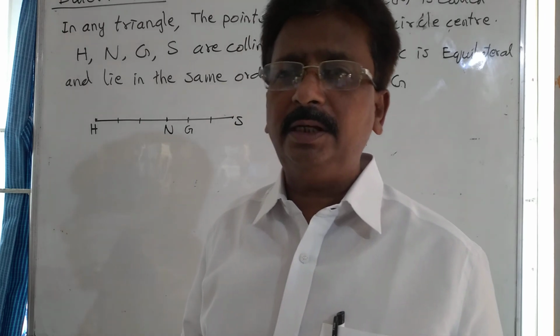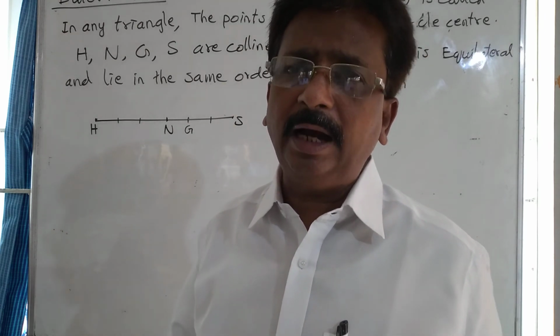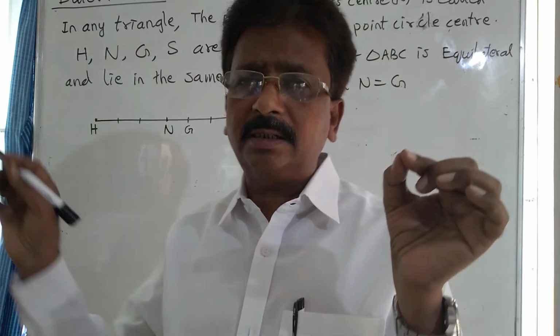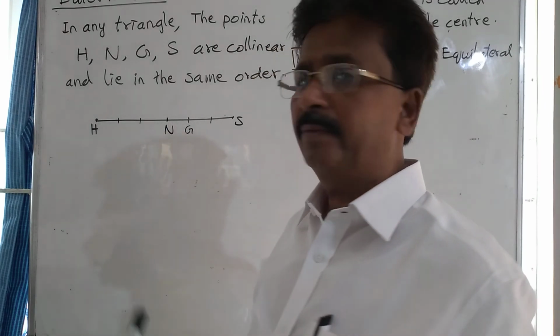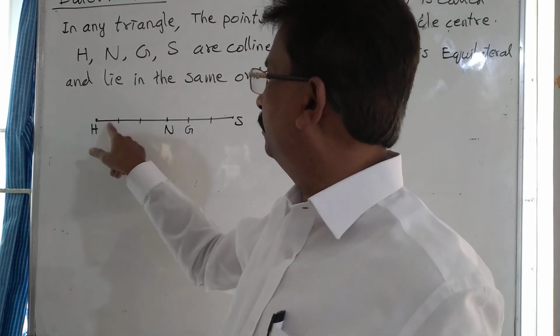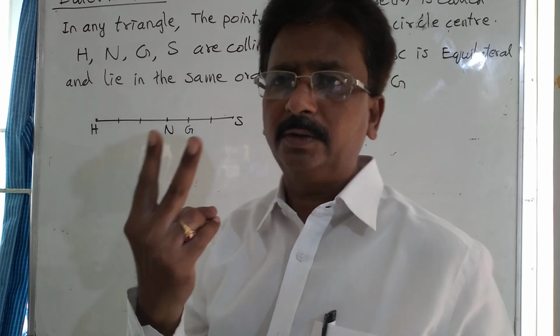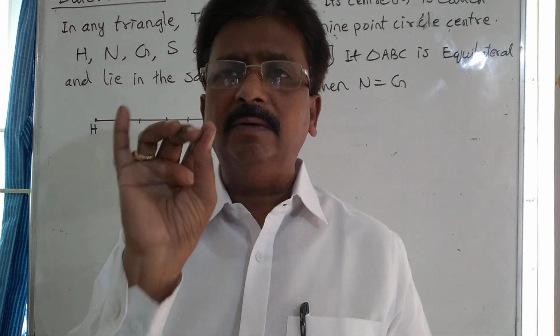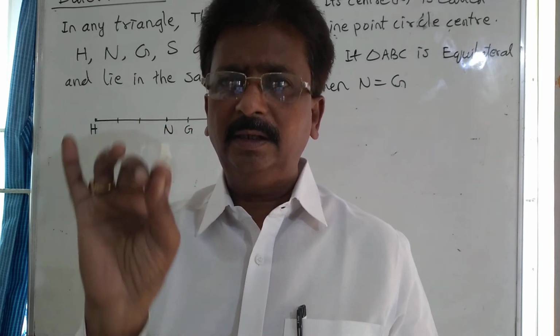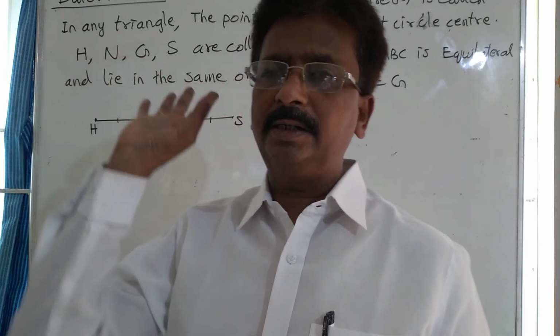We have to count the number of units from H to G: 1, 2, 3, 4 units, and from G to S 2 units. Therefore, G divides HS in 4:2 ratio.